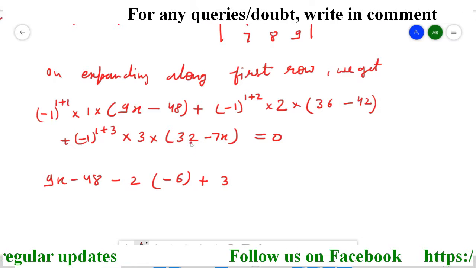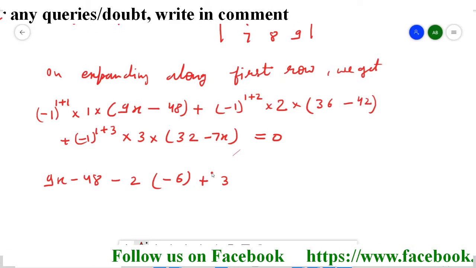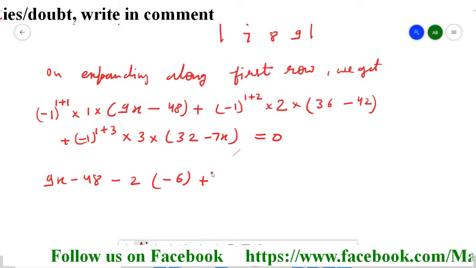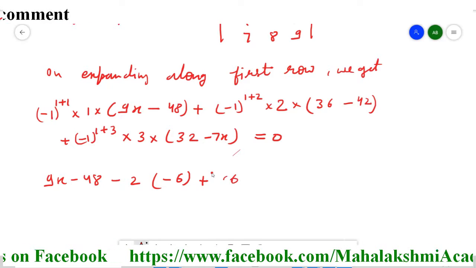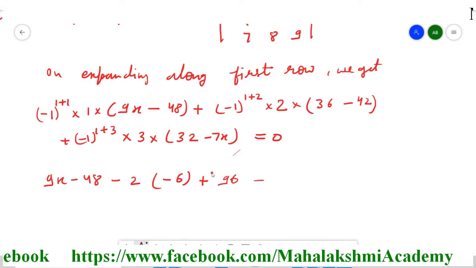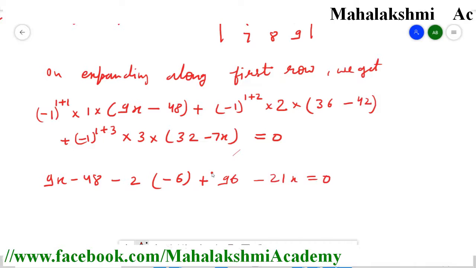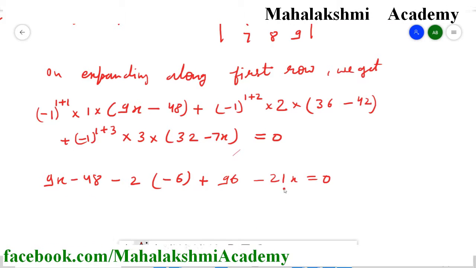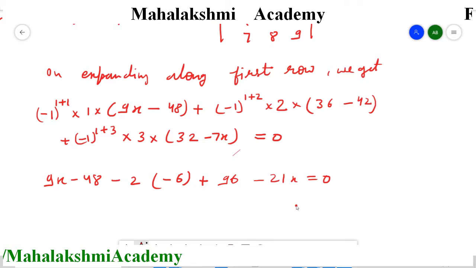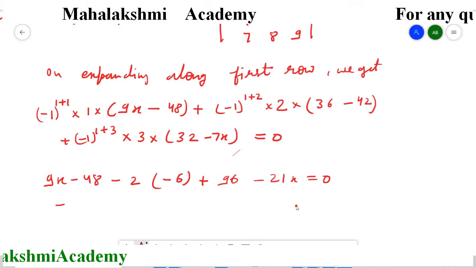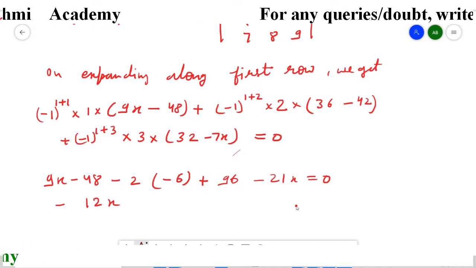3 multiplied by this directly, so I will write the direct result. I am going to open the bracket so that we can skip one step. 3 2s are 6, 3 3s are 9, minus 21x, equal to 0. So this 9x and this 21x, they both together give plus minus, so you will get minus 12x.